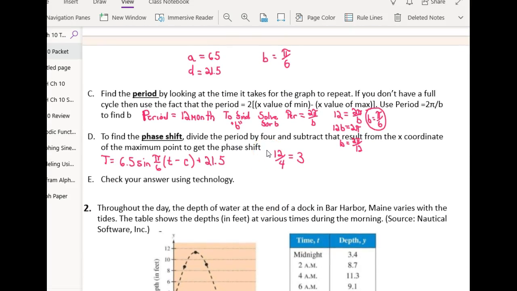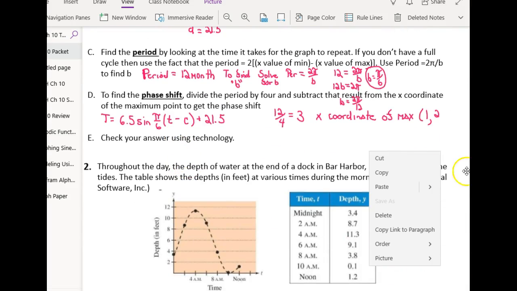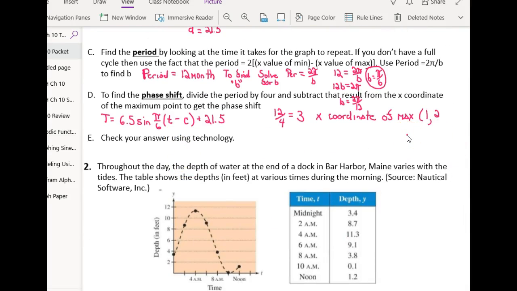We're looking at the x-coordinate of our max. What was the max? 28. What was the highest one? 28, okay. So the x-coordinate of the max, 28, is 1.